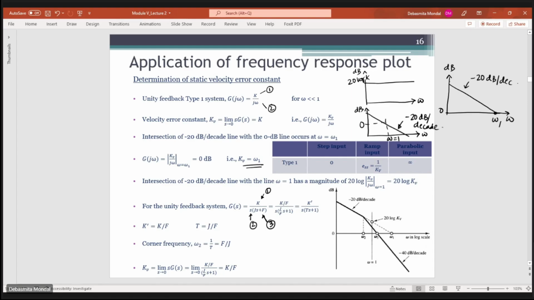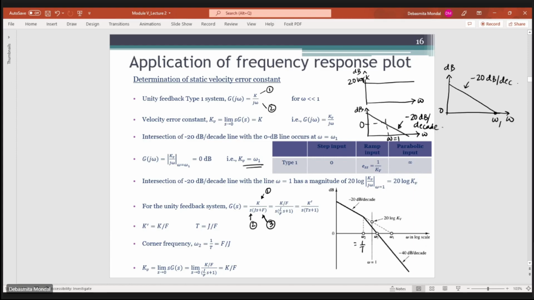From here, if you rearrange this equation, G(s) will be equal to k dash by s into (Ts plus 1). If you equate these two, you will see that k dash is equal to k by f and T is equal to j by f. That means the corner frequency omega 2 is equal to 1 by T, which is equal to f by j.